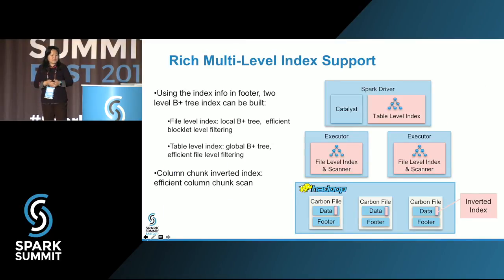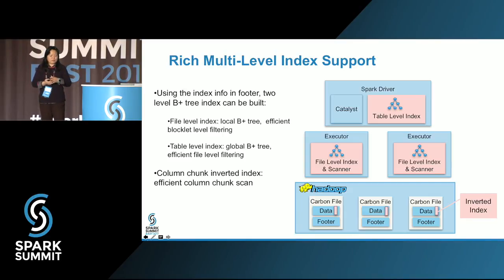Based on the index information we store in the footer, we can build a file level index, a local B-tree index to filter blocklets within a file. If we combine the file footer information and extract it, we are able to build a higher level index, what we call the table level index, which is a global B-tree index for us to efficiently filter carbon files at the Spark driver.